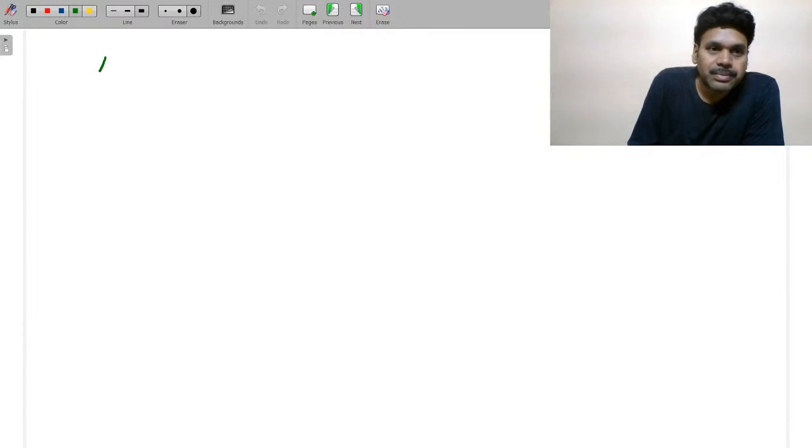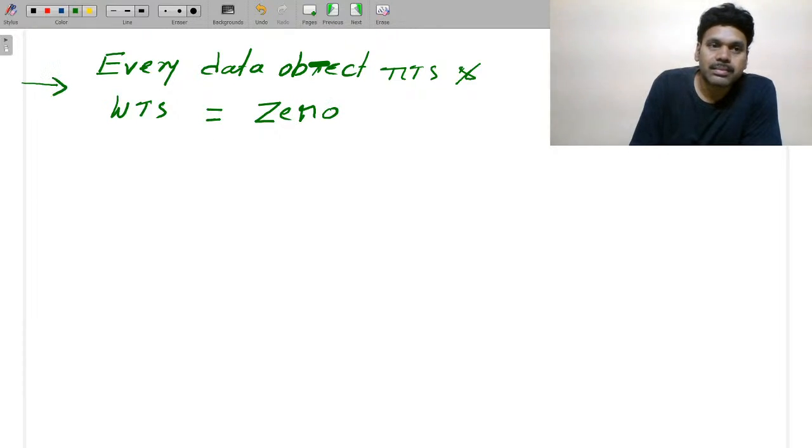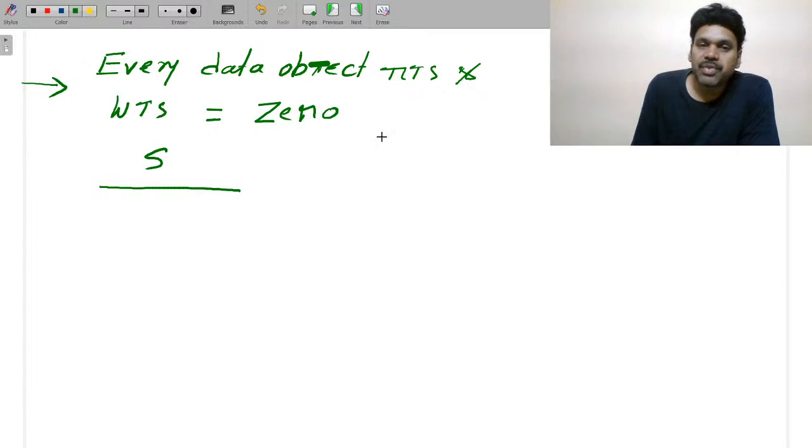I am telling you, every data object's RTS and WTS is equal to 0. The schedule is as I am following STSO. Please observe carefully.